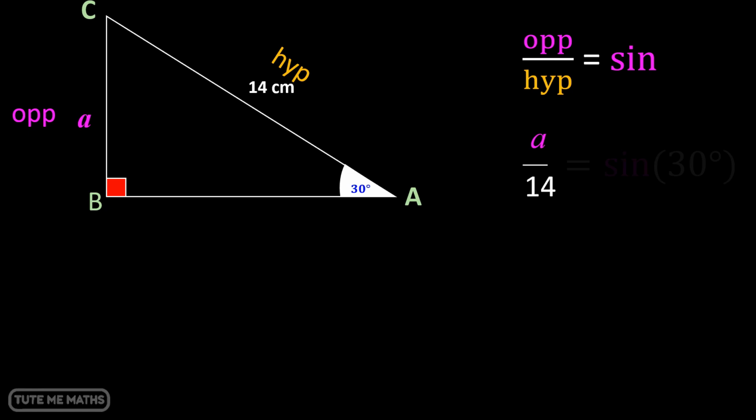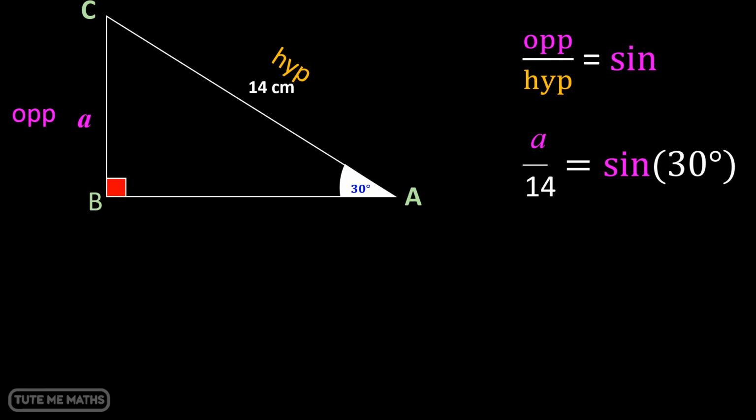It's vital that we transcribe the information from the diagram to the correct parts of the ratio we have written. We see that the opposite side is our unknown a, so we write a on top of the ratio fraction. The hypotenuse is 14 centimetres, so we write 14 on the bottom. And this must equal the sine ratio for 30 degrees, so we write sine 30 after the equal sign.